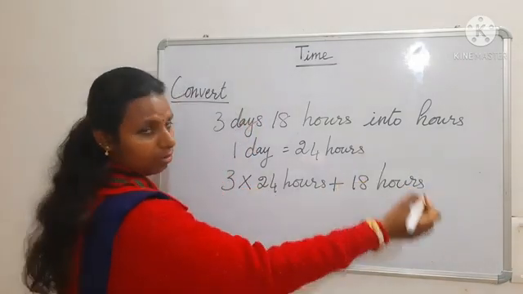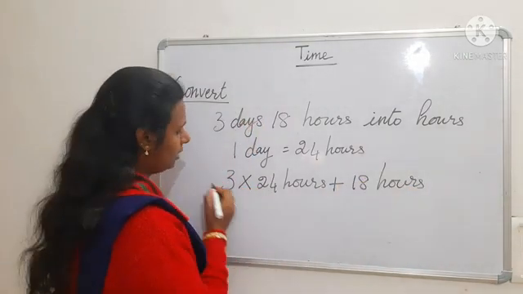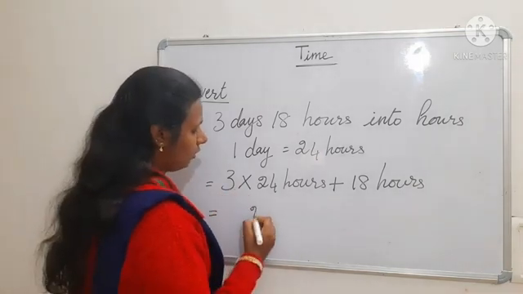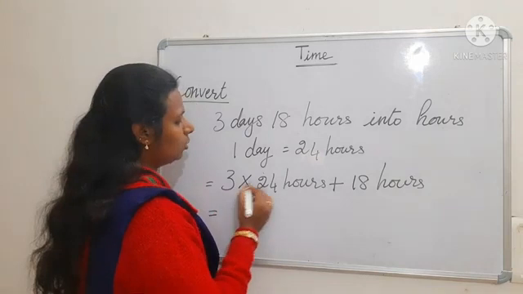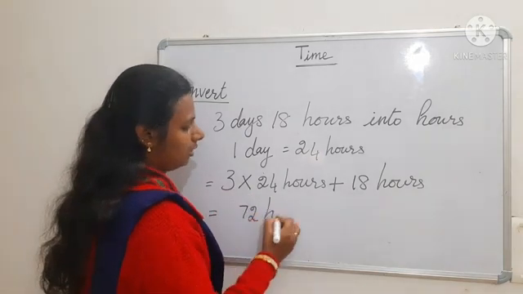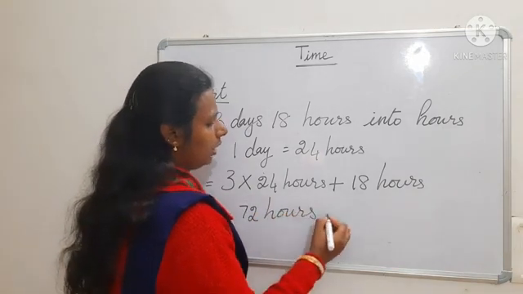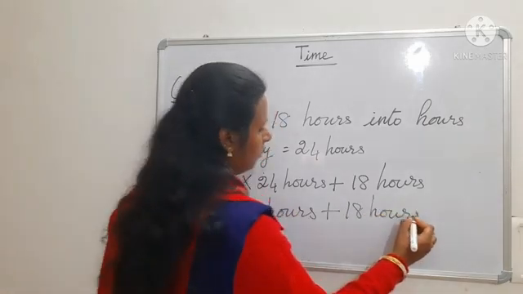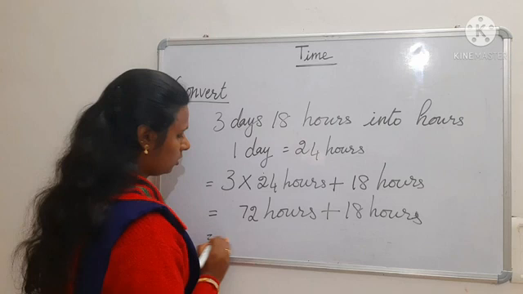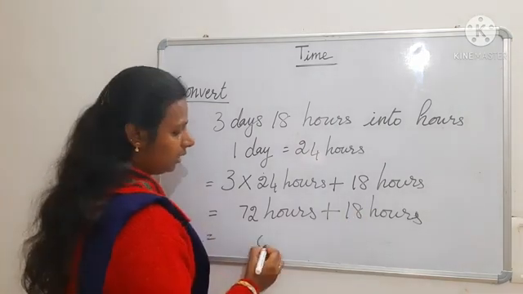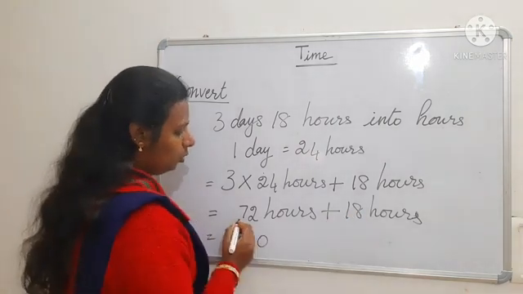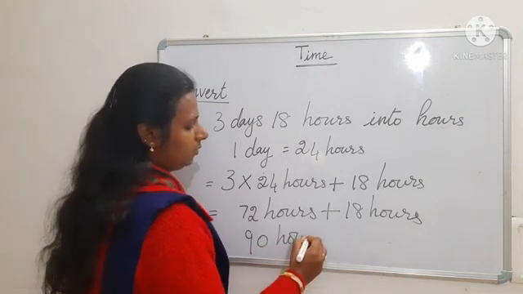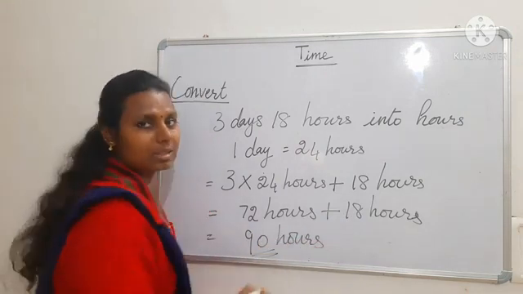Here 3 4s are 12, 1 carry, 3 2s are 6, 6 plus 1, 7. So 72 hours plus 18 hours. 2 plus 8, 10, 1 carry, 2, 2 plus 7, 9. So 90 hours. This is the answer.